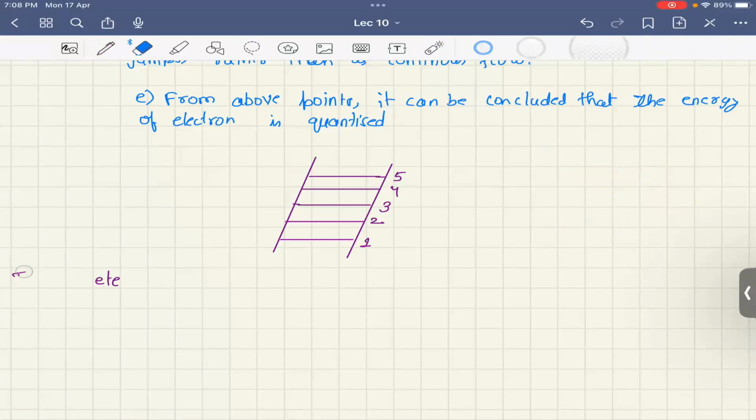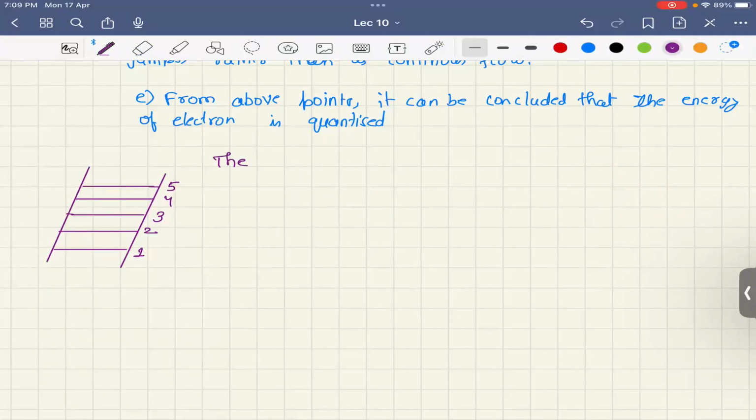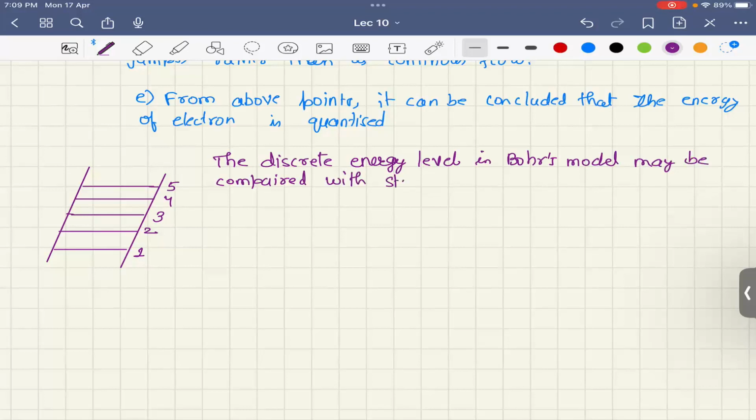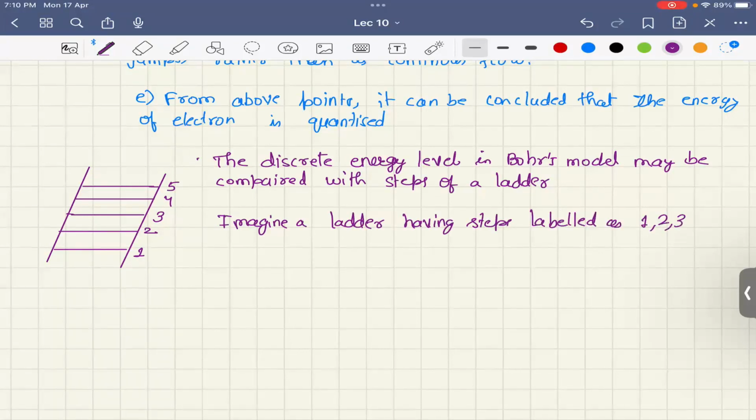The discrete energy levels in Bohr's model may be compared with steps of a ladder. Imagine a ladder having steps labeled as 1, 2, 3, and so on.